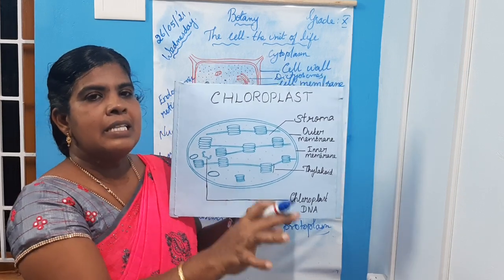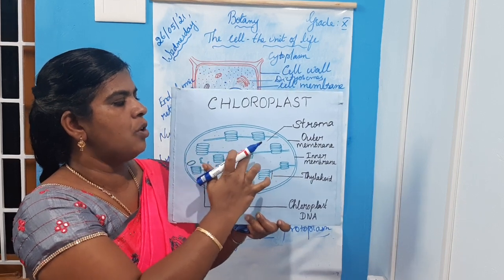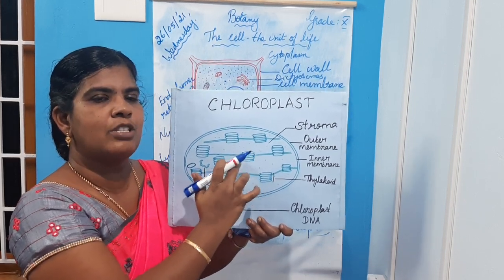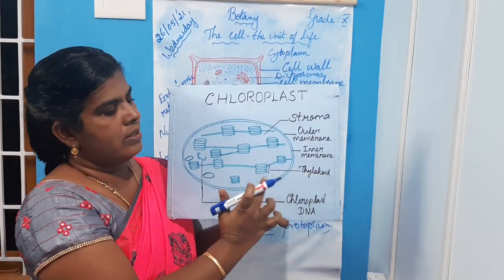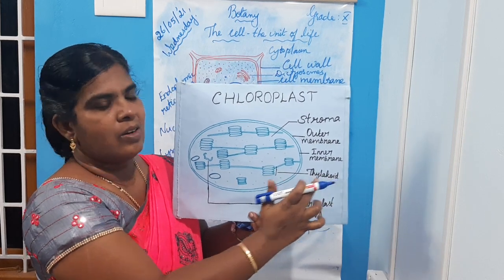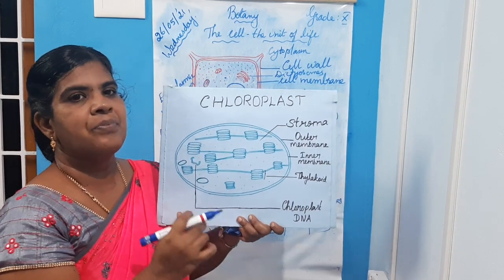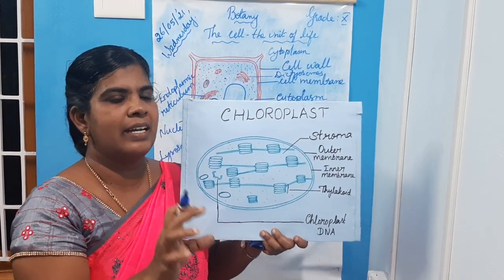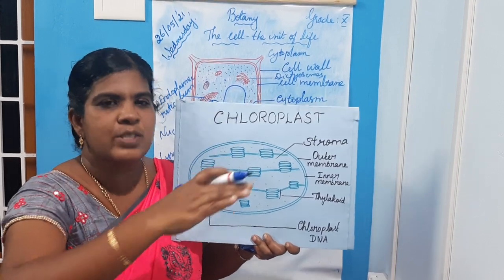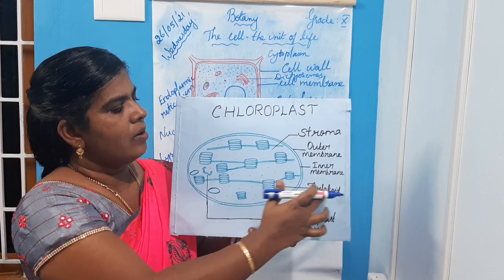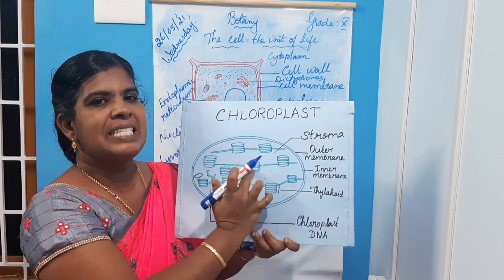Stroma. In the stroma there are coin-like structures arranged one above the other. These structures are called thylakoids. Each coin-like structure is called grana, and these grana are arranged one above the other like stacks of coins. The thylakoids are connected by a channel called the Fred channel.